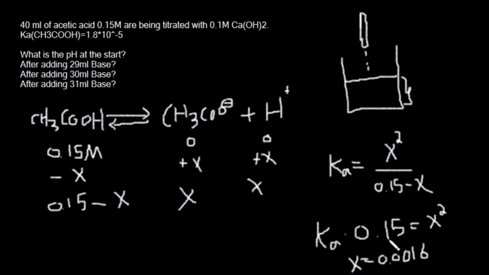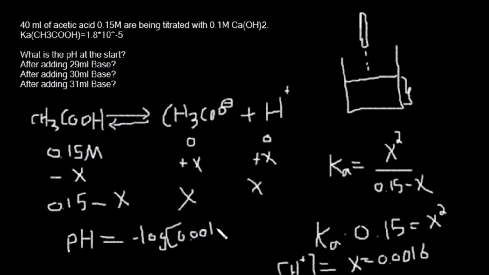This is the concentration of H plus, and to find the pH, pH equals minus log the concentration of H plus. So pH equals minus log of 0.0016, and you're going to get 2.79.